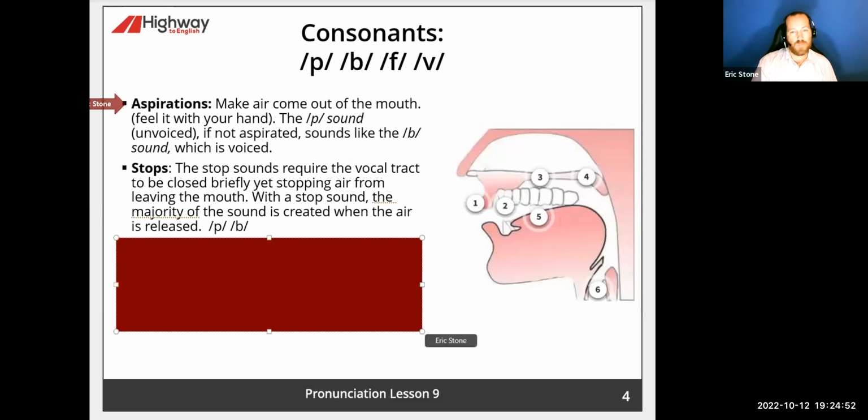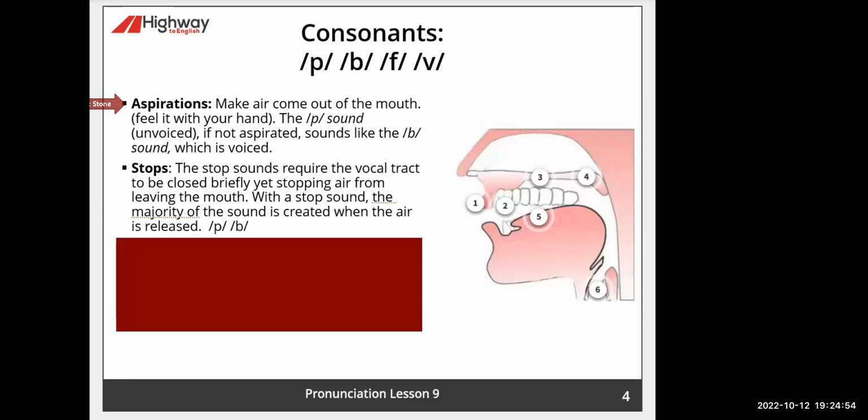Let's continue. Stops. The stop sounds require the vocal tract to be closed briefly, stopping air from leaving the mouth. With a stop sound, the majority of the sound is created when the air is released.